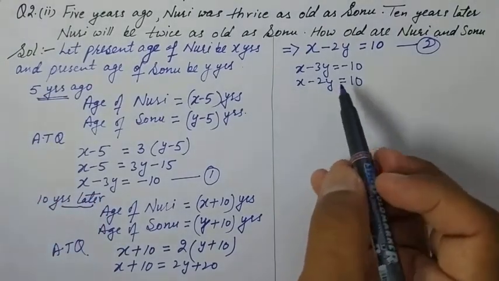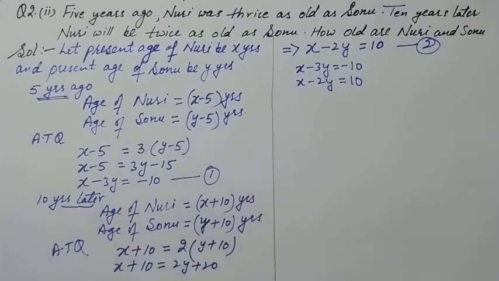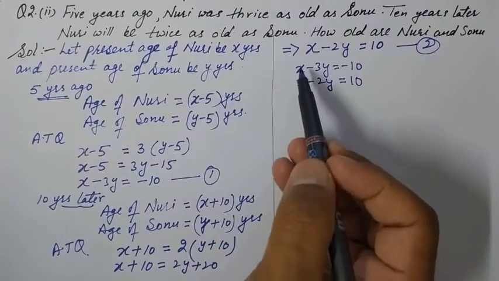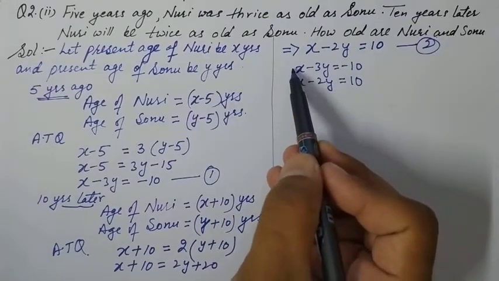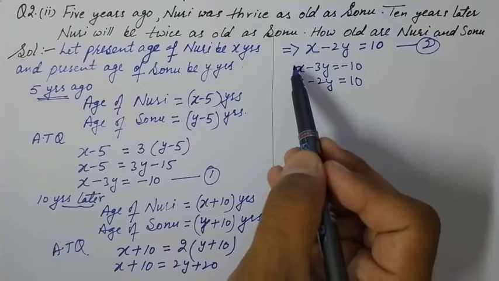Now see, in elimination we need to make the coefficient of either x or y the same in both the equations. If you look here, the coefficient of x is 1 here and also 1 here. So it is already the same. Now the signs are also the same, so we will subtract the equations.